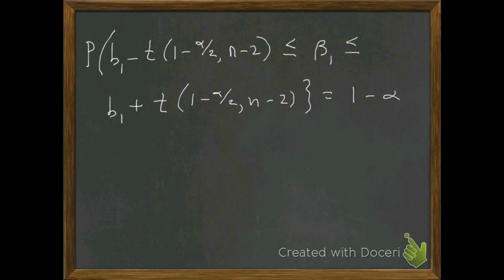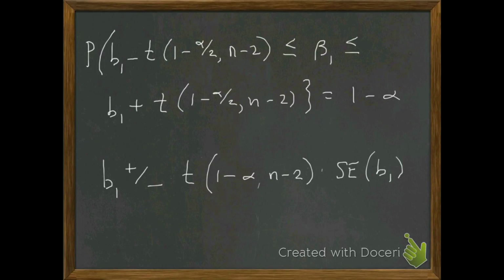So what we can do here is beta 1 plus or minus t 1 minus alpha over 2, degrees of freedom n minus 2, times the standard error for B1.